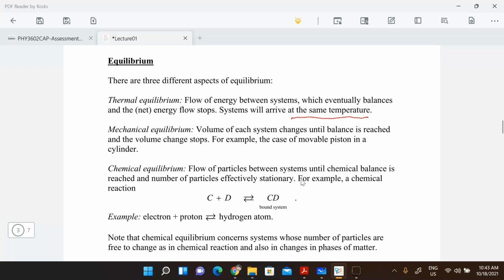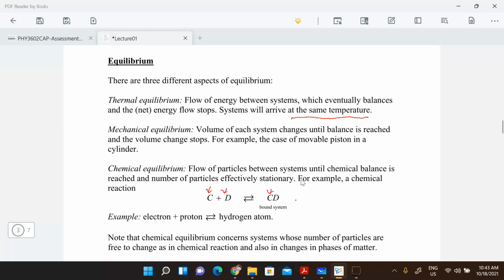Then you look at the number of particles of each species. At chemical equilibrium, they will stop changing the number of particles for each species.